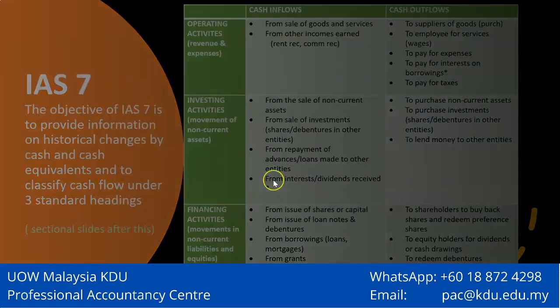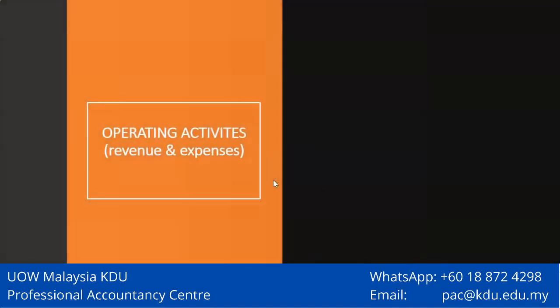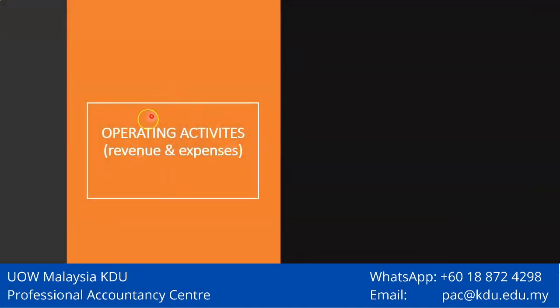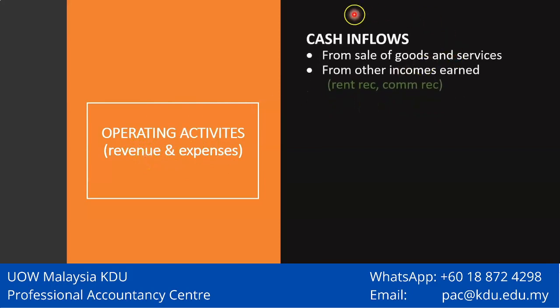Moving on to the first sectional slide, let's look at operating activities, which is from your main sources of revenue and expenditure. So here, cash inflows under this section will of course come from the sale of goods and services.